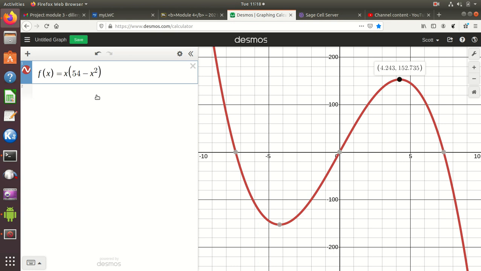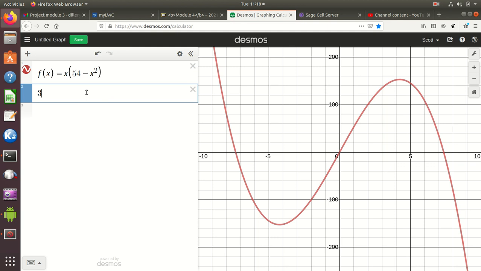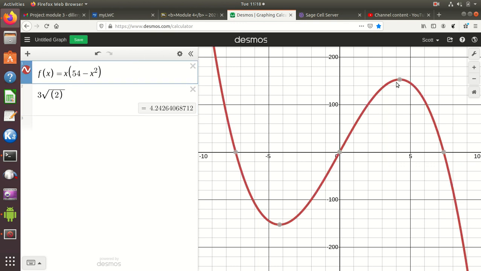What was our answer? x was 3 times the square root of 2. So I can check 3 square root of 2 is 4.24, and again, when I was here, that was 4.243.